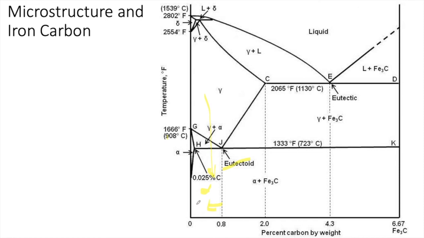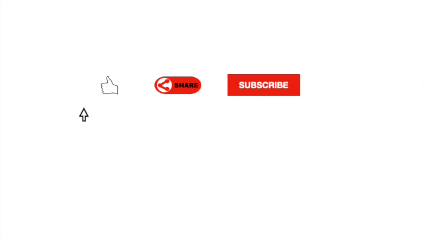This is called hypoeutectoid, that is from 0.025 to 0.8. And after 0.8, where the line of solidification bisects line JK, it is hypereutectoid.